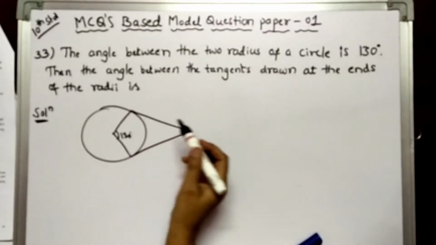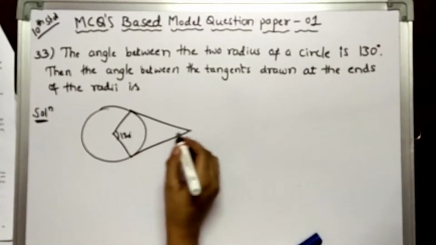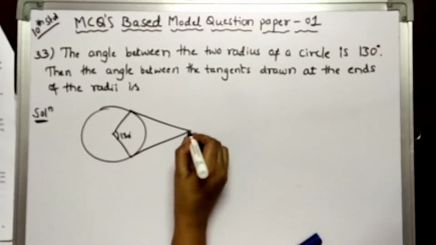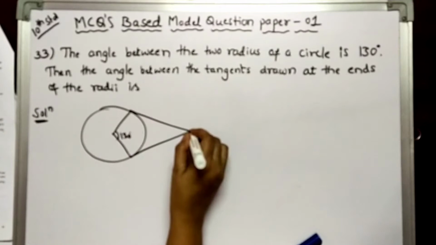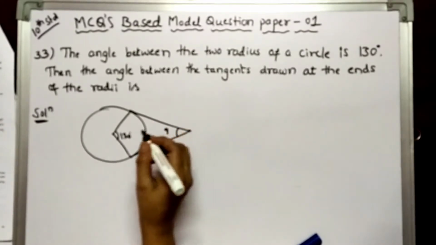Then the tangents are drawn at the ends of the radii, here one end, here the other end. So we have to find the angle between those two tangents.